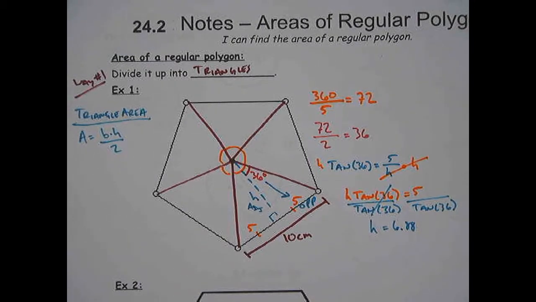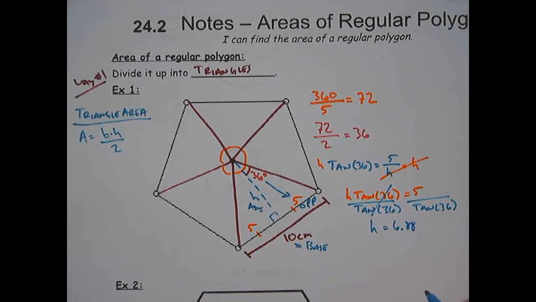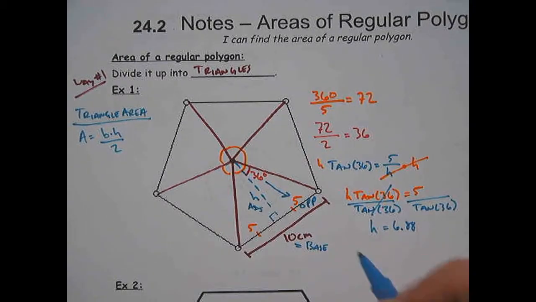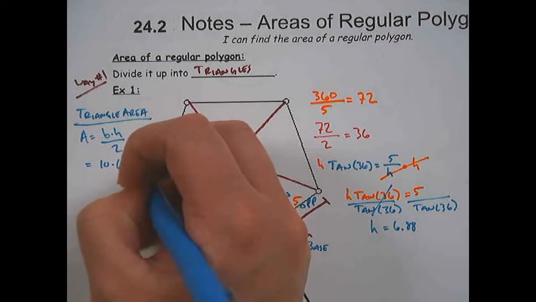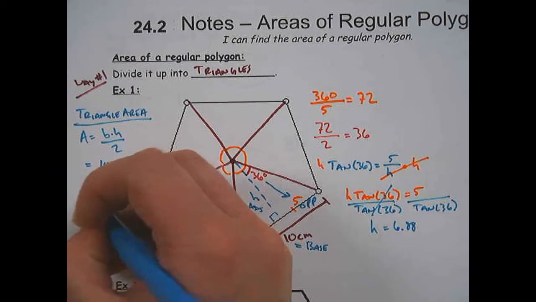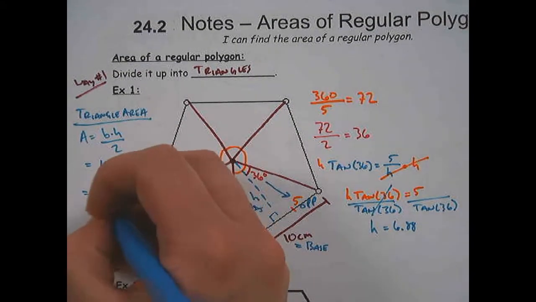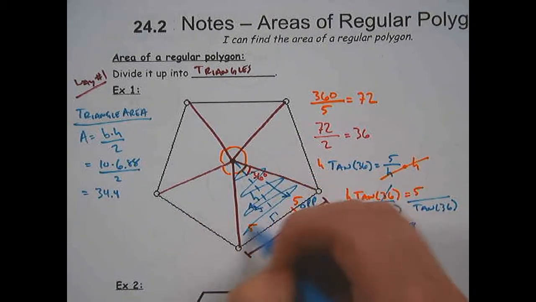Now we have the height and we also have the base, so we can find the area of one of these triangles. Base times height divided by 2, so 10 times 6.88 divided by 2, and that gives me 34.4. That's the area of one of these triangles.